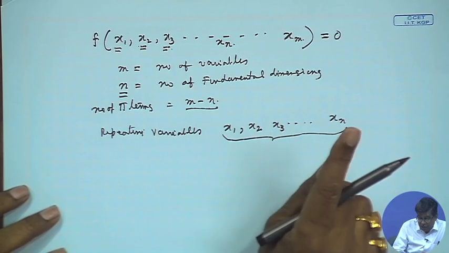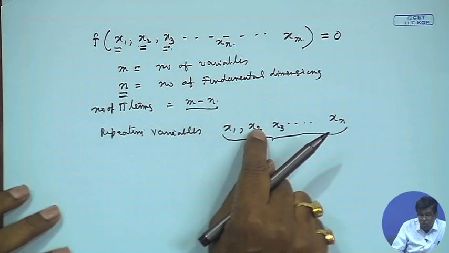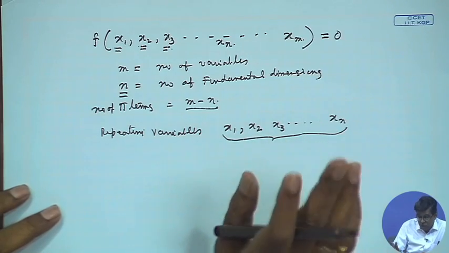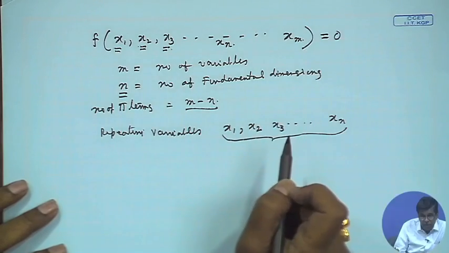Another caution is that no two variables should have the same quantity. That means no two variables should be both geometrical dimensions or both velocity. So, these two same physical entities should not be taken. If you take this, you can find out the pi terms.